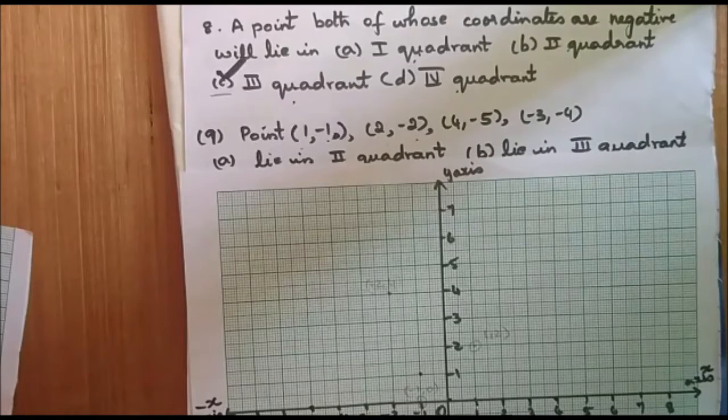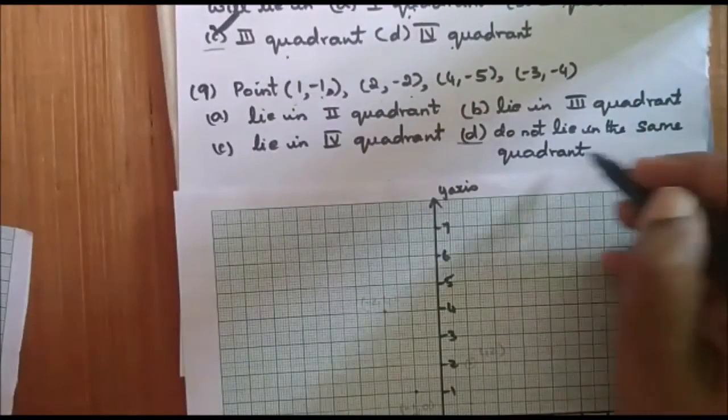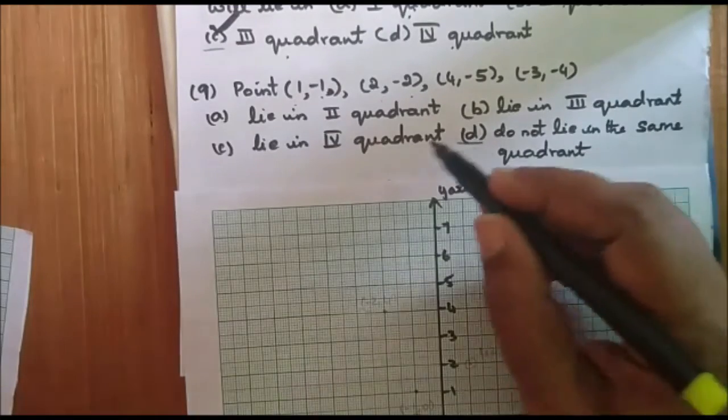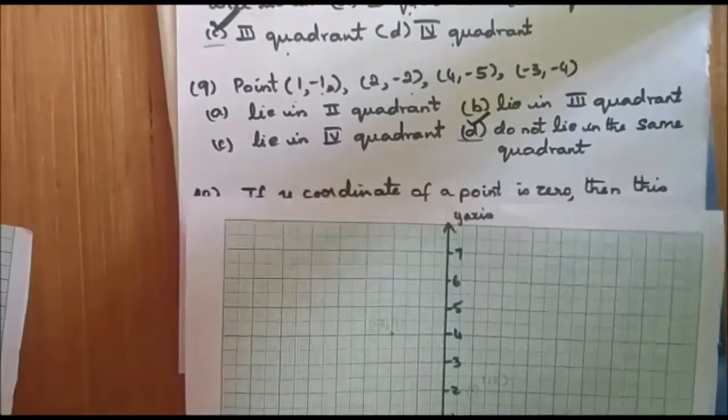Then minus 3 comma minus 4 is here. So they do not lie in the same quadrant. So D is the correct answer.